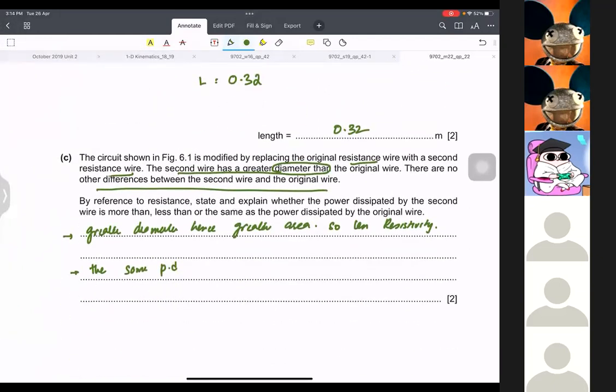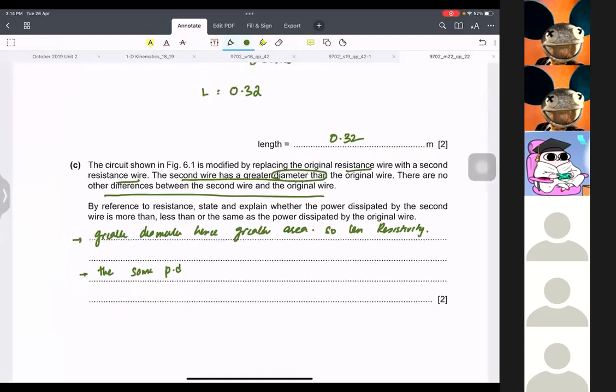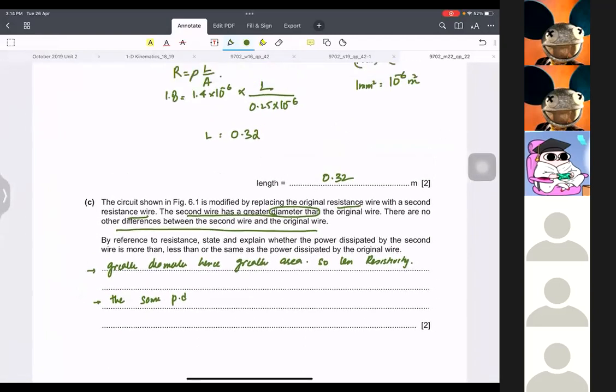Now, the same potential difference and greater current, because the current will be greater as the resistance is less. Resistance, not resistivity.